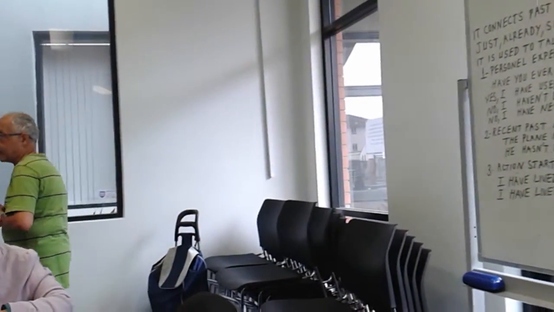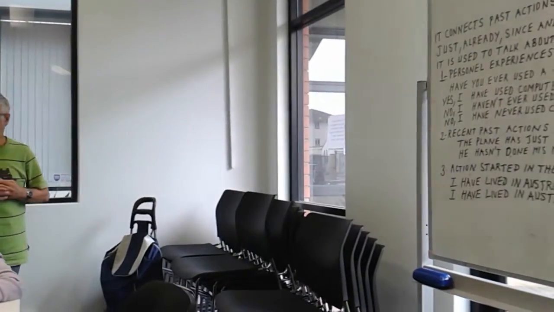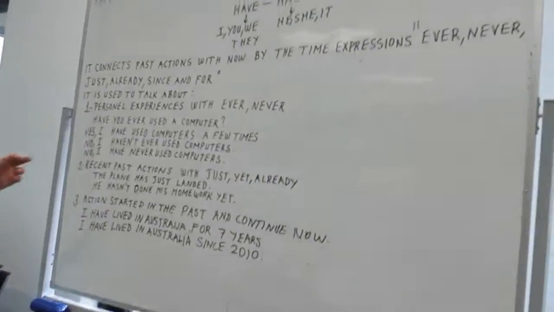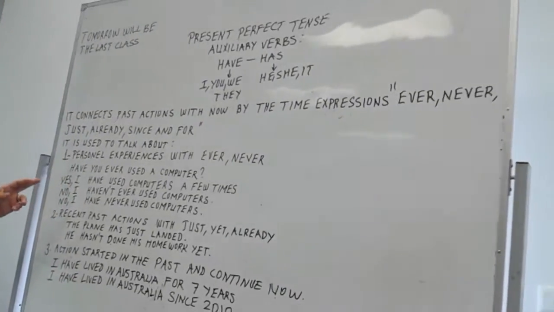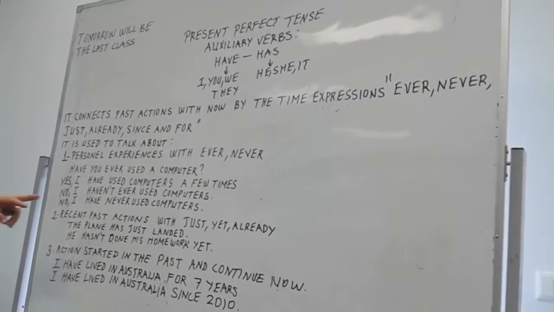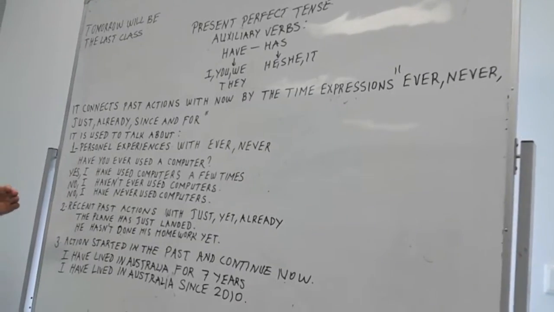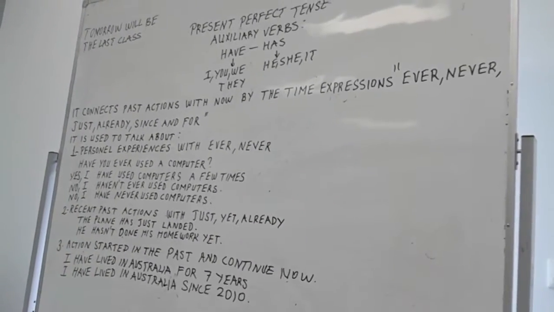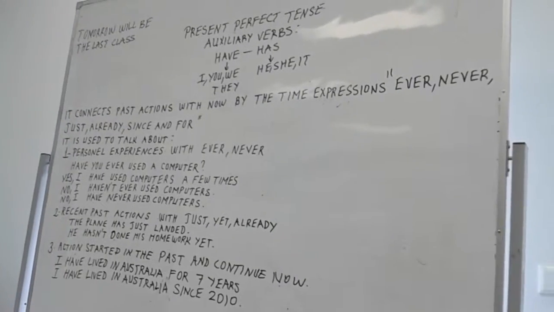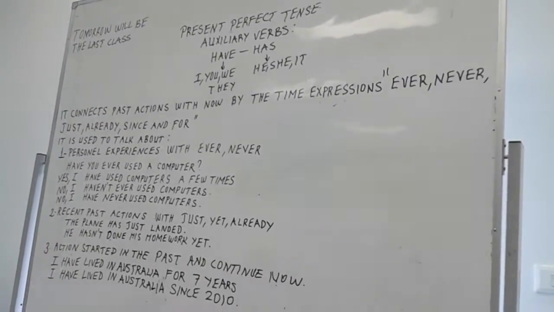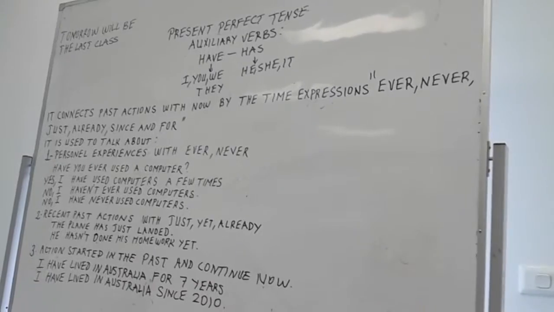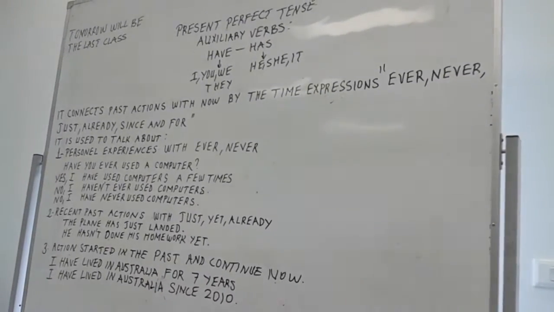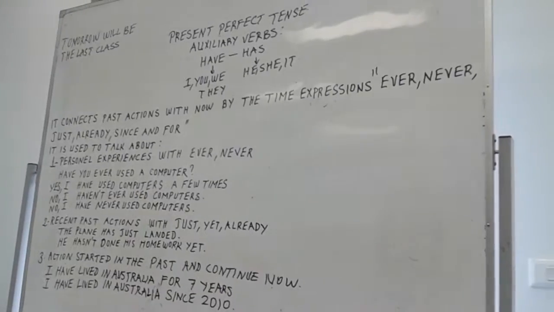Can anybody tell me what is the reason for this? Why when we use ever, we use I haven't, but when we use never, we just make the sentence positive? Is there anybody who can tell me the reason for this? No answer? Okay, I'll just tell you.